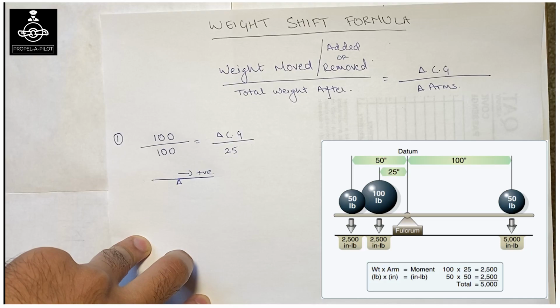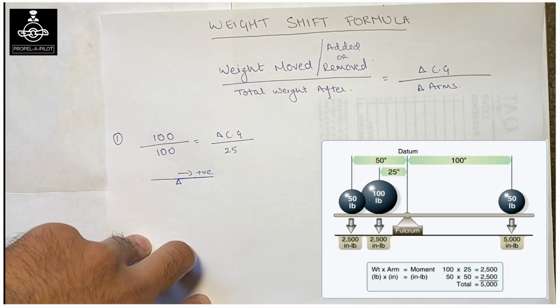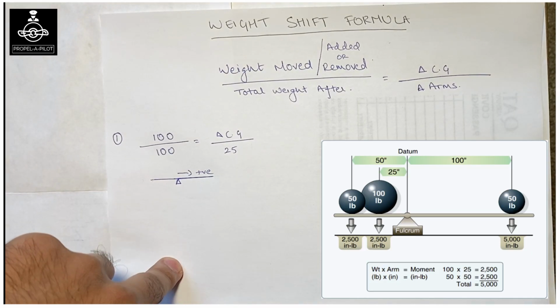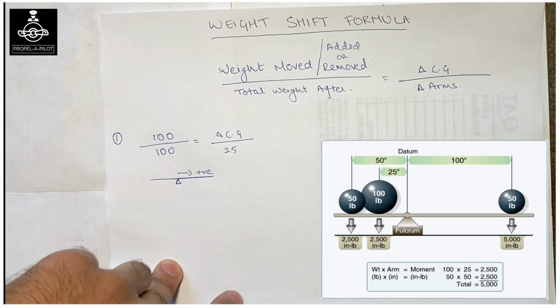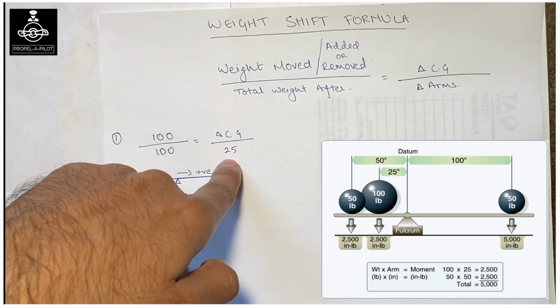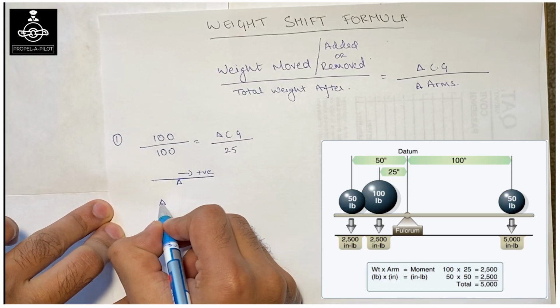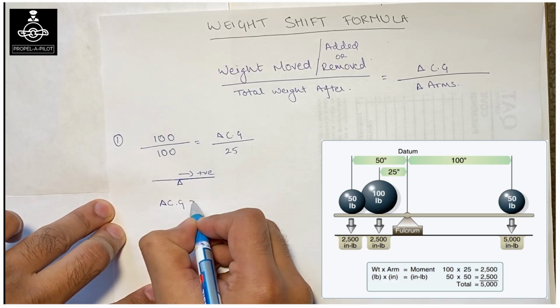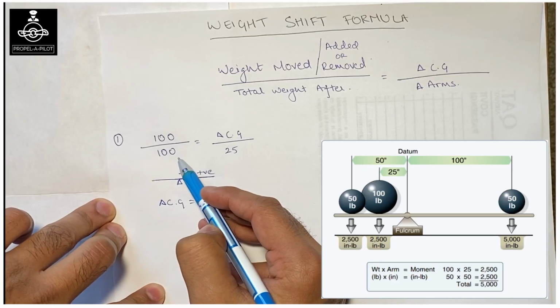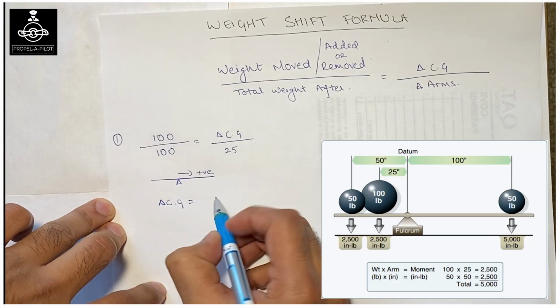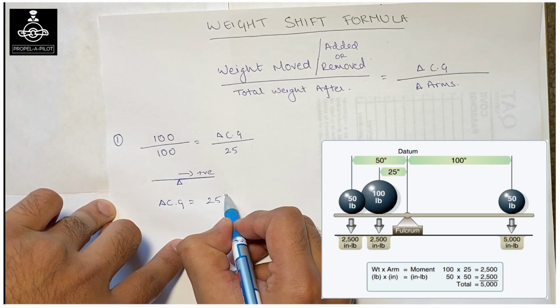How I solve it is a different way, just made a little simpler and using a little more common sense. So I put 25 as the delta arms. Now calculating this is not that hard. This will give us delta CG as 100 by 100, which is 1, times 25, which is 25 inches.